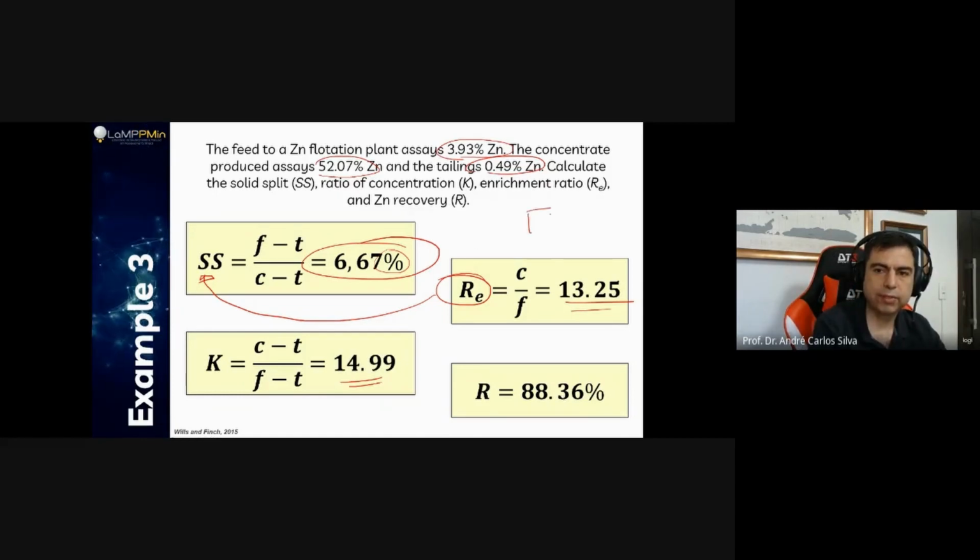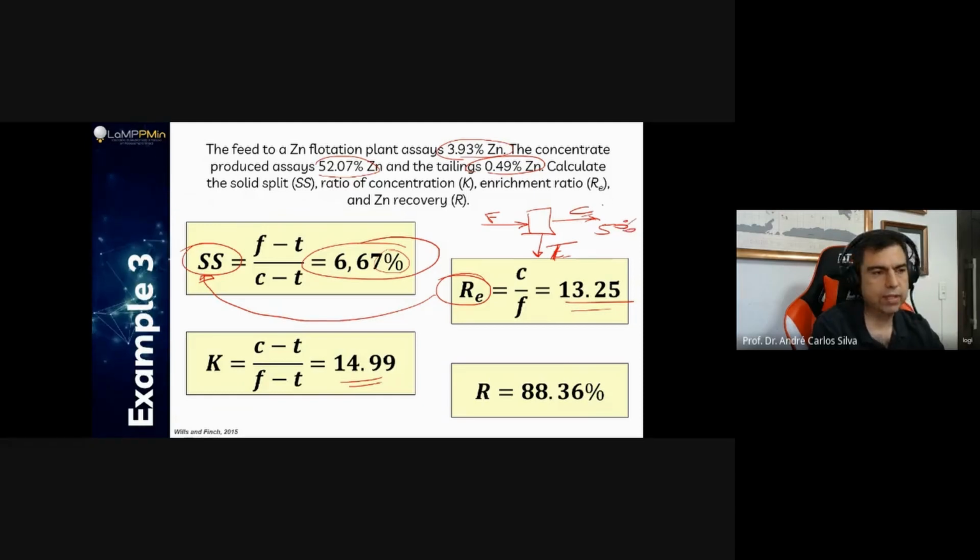So let's consider this black box over here. I have the feed going in, and I have the concentrate out, and I have the tailings out. Oh, sorry, let me use capital T over here. What I can consider as the solid split is how much material I'm sending to the concentrate in relation to the tailings. So again, if I have something like 50%, I know that the split is 1-to-1.